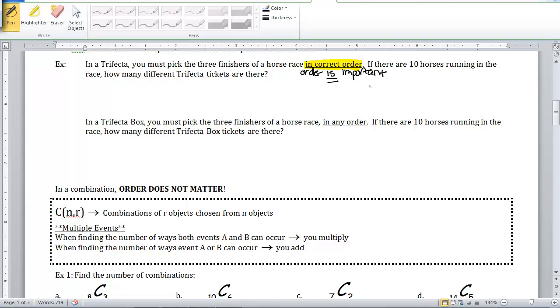If the order is important, then you have a permutation. And so here I have 10 horses and I need to pick 3 finishers, first, second, and third. And so if I do 10P3, that would give me 720 with my calculator.